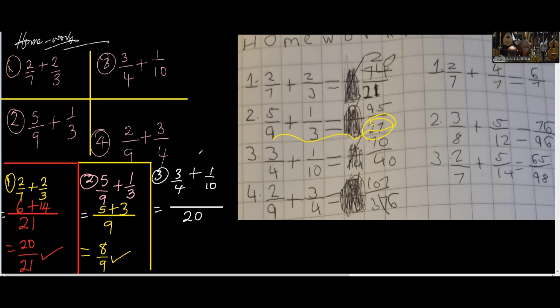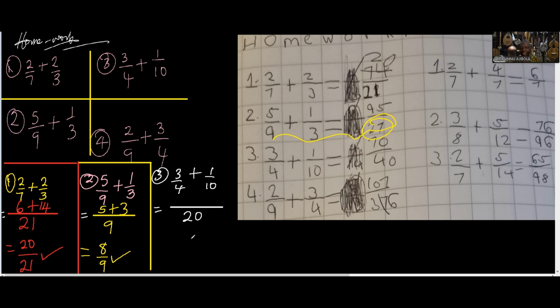Then we say, how many 4s in 20? It has to be 10?